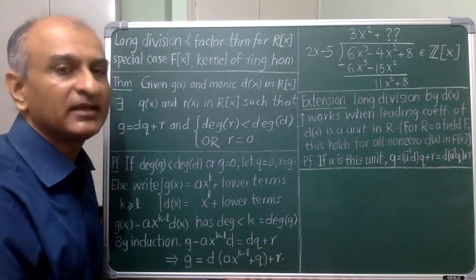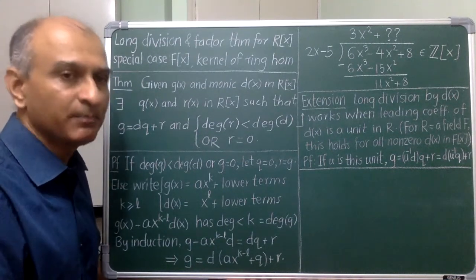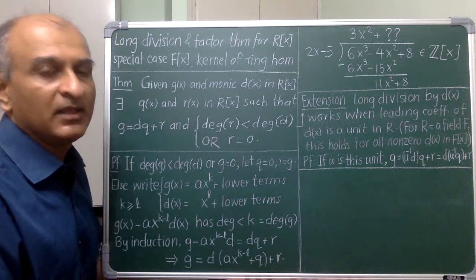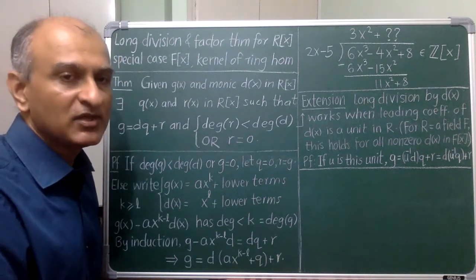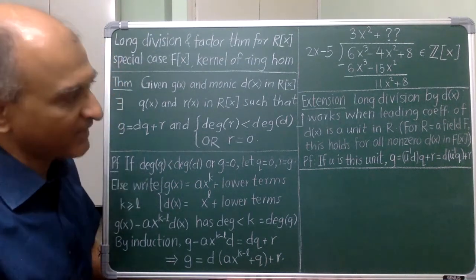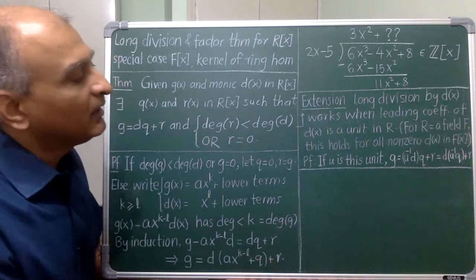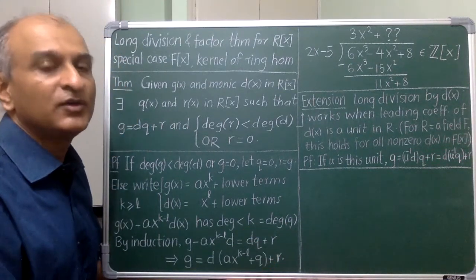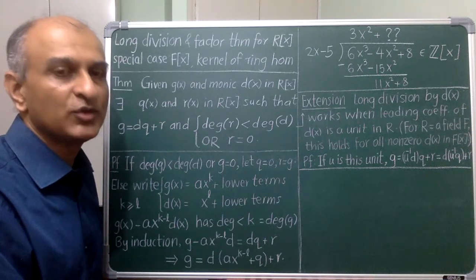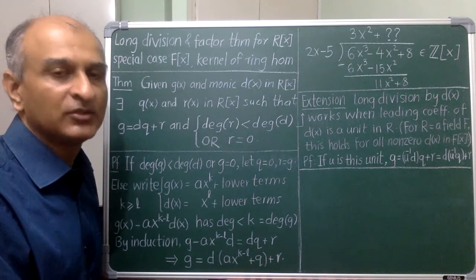So this may look like a tiny extension, and it is, but it is important because when the ground ring is a field, in that case, every non-zero element is a unit. And so if I take the polynomial ring F[x], then now I can do long division by every non-zero polynomial. So this case is going to be supremely important for us throughout the course.